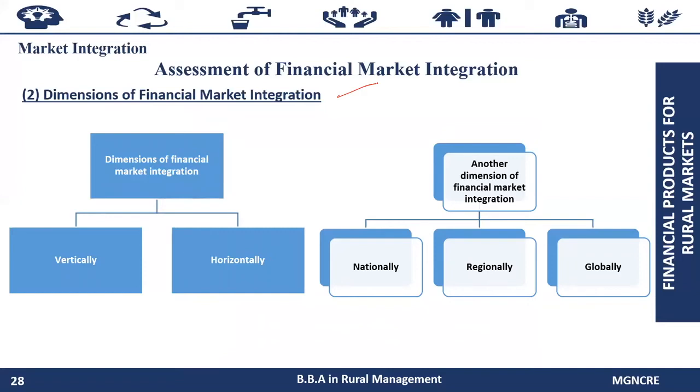The dimensions are of two types: vertical and horizontal. In horizontal integration, the interlinkage occurs among the segments of the domestic financial market, while vertical integration occurs between the domestic market and the international or regional financial markets. There is another dimension of financial market integration, that is nationally, regionally, and globally.